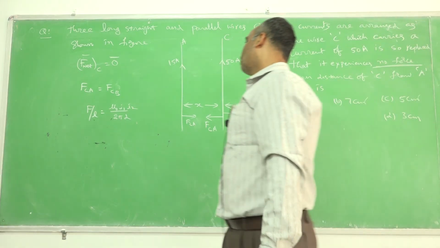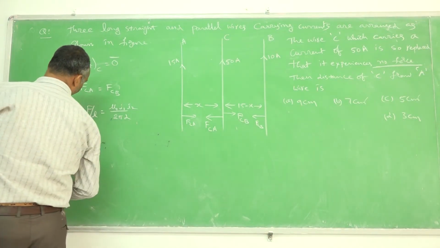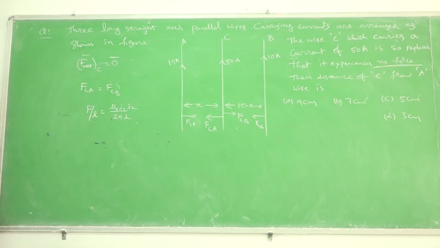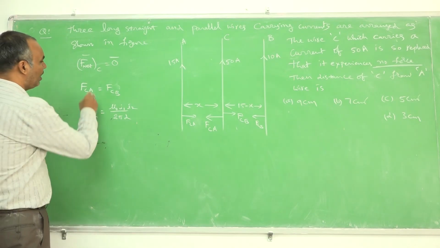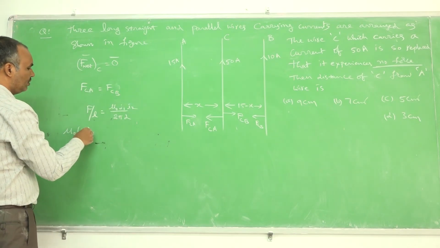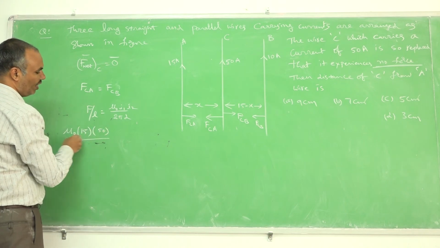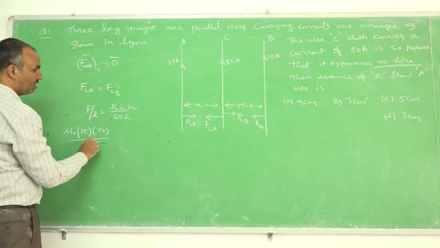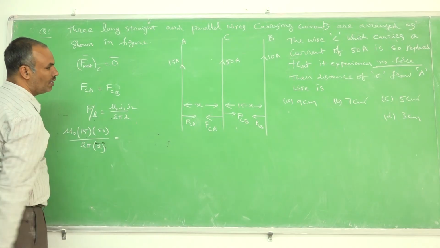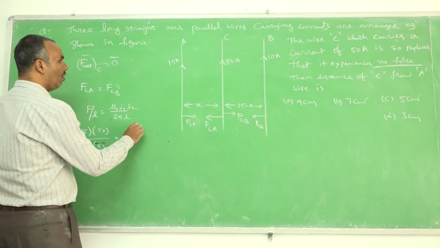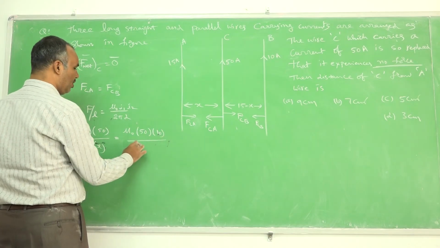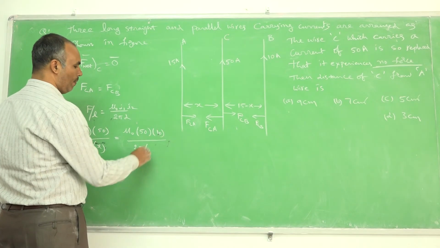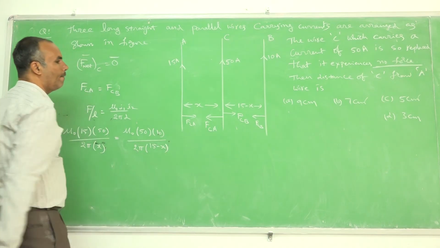Here d is the separation between the conductors. Based on this, mu naught, first conductor carrying 15 amperes, second conductor carrying 50 amperes, by 2 pi, separation is x. That must be equal to mu naught 50 into 10 by 2 pi into 15 minus x.